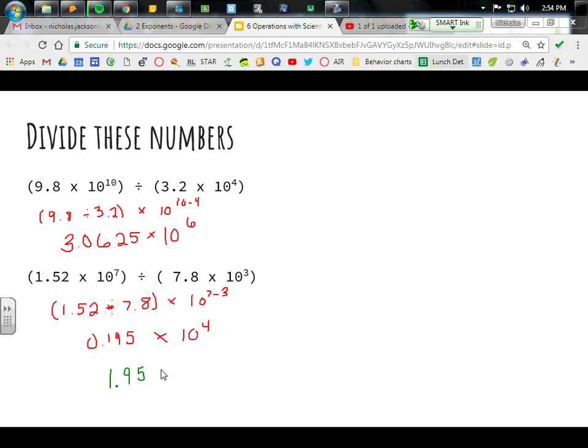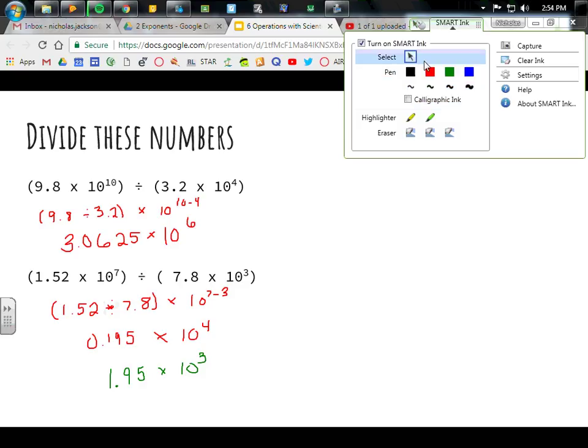I'm going to need 10 to be raised to a lower power in order to get the true number that this represents. So we would decrease it by 1. We would have 1.95 times 10 to the 3rd is what this actually would be as scientific notation. Okay.